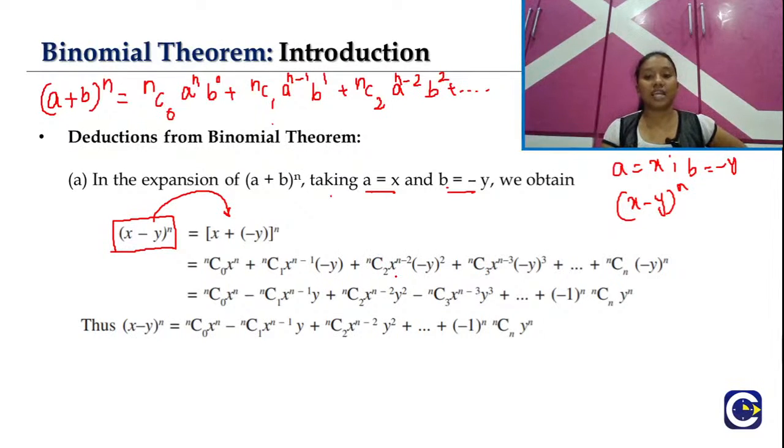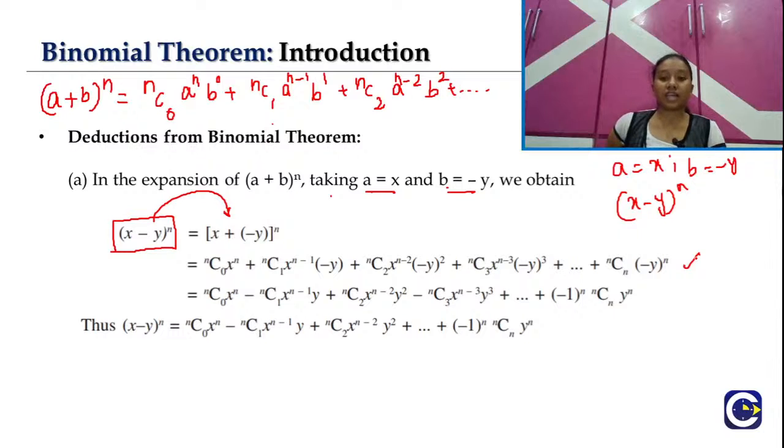And nC2 x power n minus 2 times (minus y) whole square, plus nC3 x power n minus 3 times (minus y) whole cube, and so on. The last term will be nCn x power 0, because x power n minus n becomes 0, times (minus y) whole power n. So this will be the expansion after the substitution.